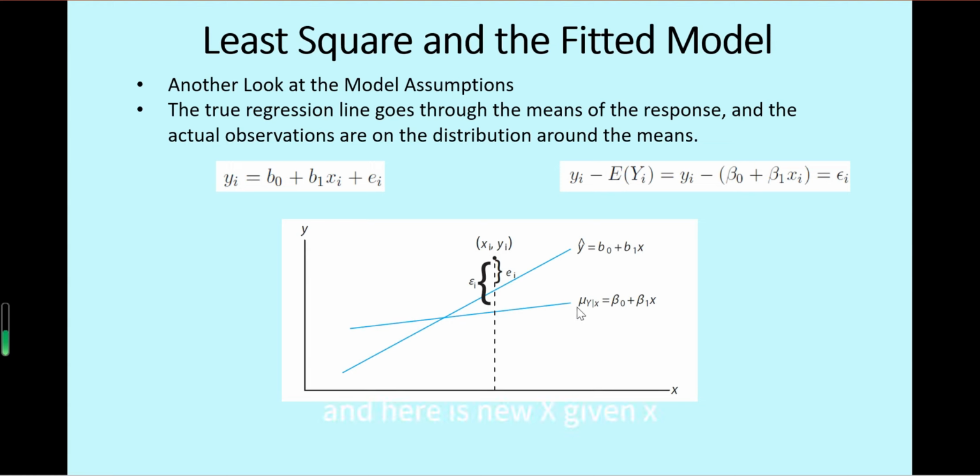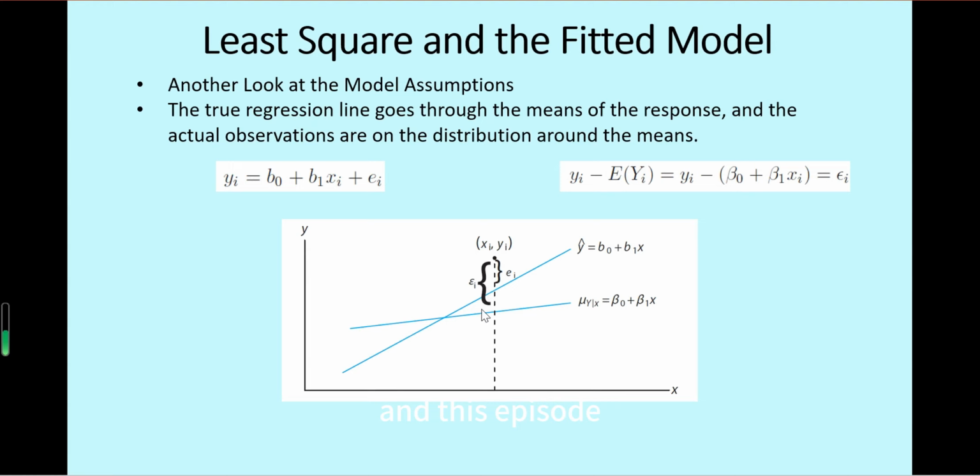And here is mu y given x, equals beta 0 plus beta 1 x. We write these coefficients here because we never know them. Actually, we use linear regression to estimate them. But for the real one, the difference between observations and this real line is epsilon.